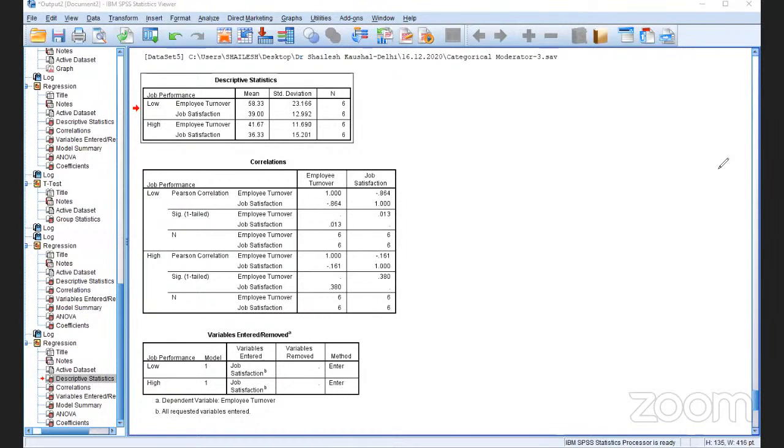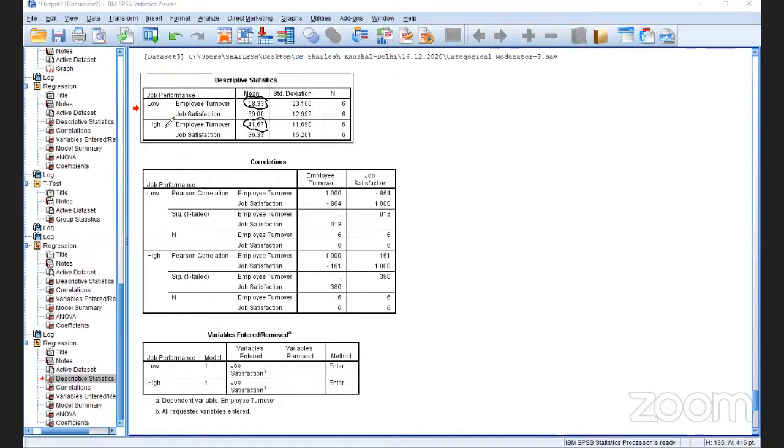The mean score of employee turnover for low performers is 58.33, and for high performers it is 41.61. There is a difference. It means low performers are highly dissatisfied. That is why they leave the job, because their employee turnover is high.